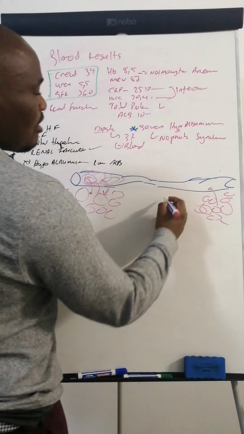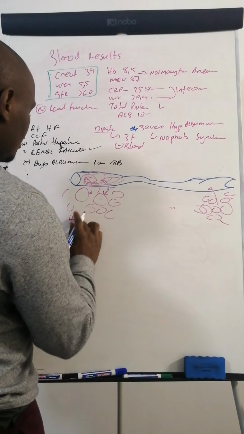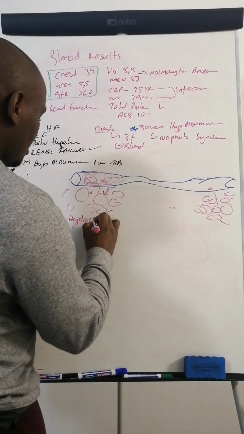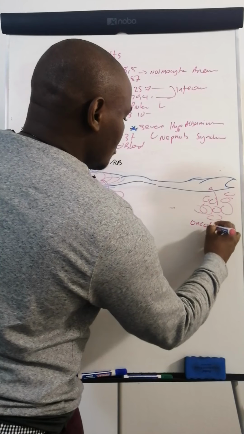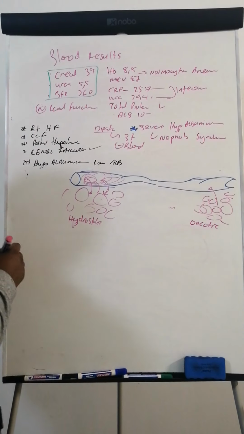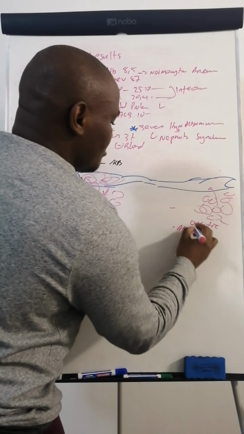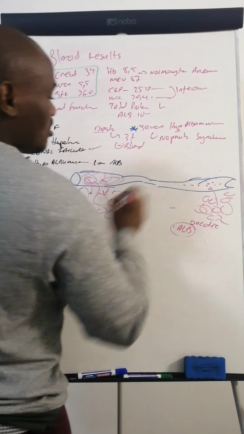But this oncotic pressure, so we said this is hydrostatic, and this is oncotic pressure. This oncotic pressure is dependent on the amount of albumin in the intravascular space.